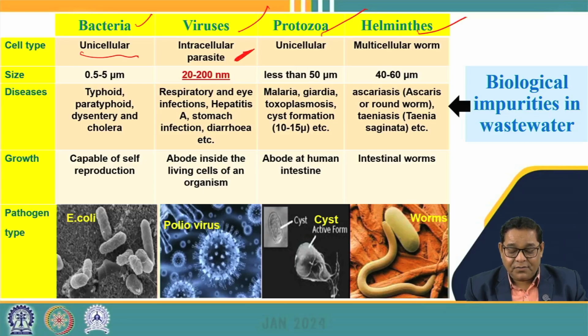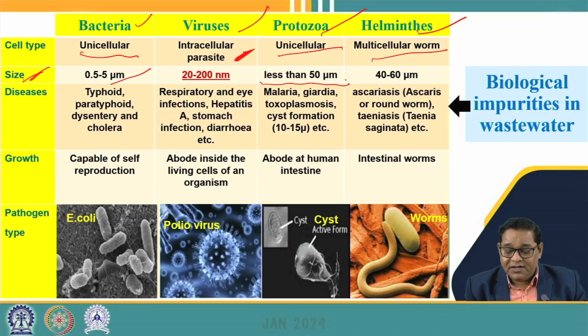They are present as intracellular parasites, whereas protozoa are unicellular, while helminths are multicellular worms. They have different size ranges. Bacteria are of size 0.5 to 5 micrometers, whereas viruses are in the nanometer range, 20 to 200 nanometers, very fine size. They cannot be seen with our naked eyes.